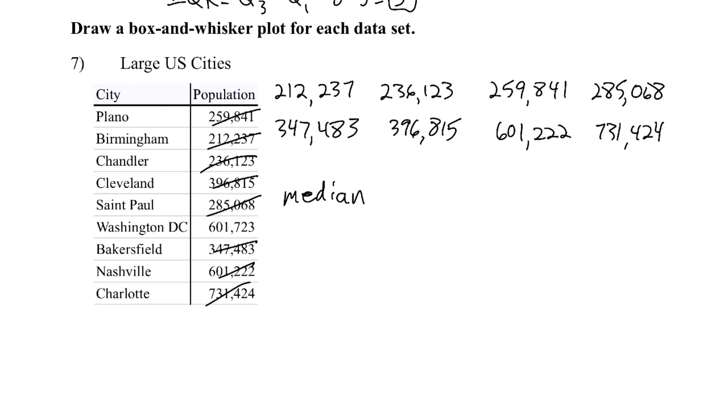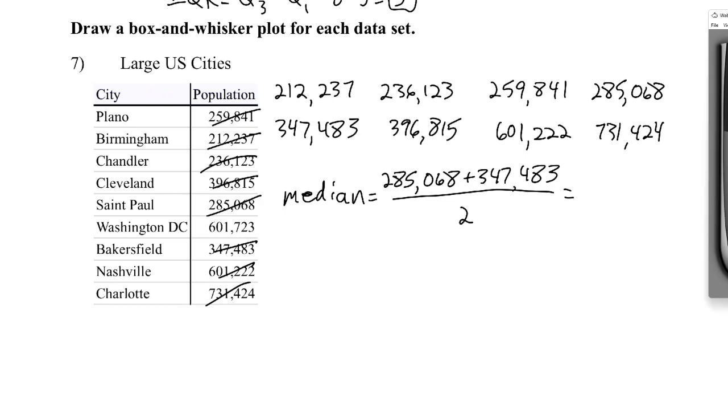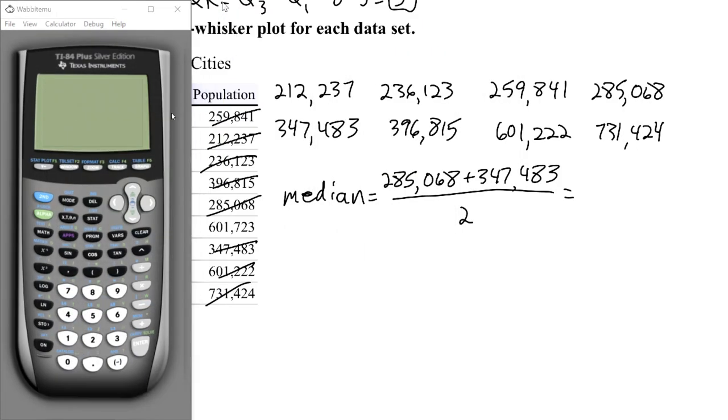So we're going to take the 285,068. We're going to add to that the 347,483. And then we're going to divide the result by 2. All right, let's bring that calculator back in.